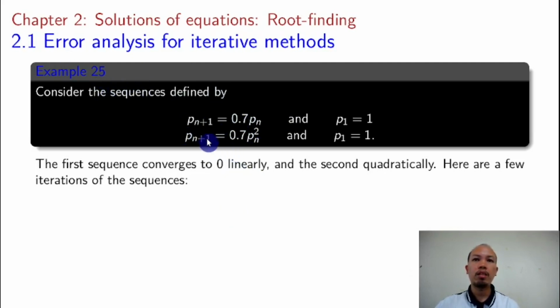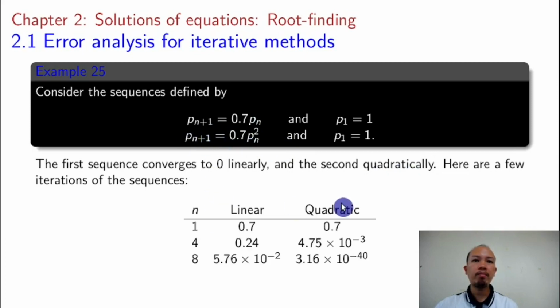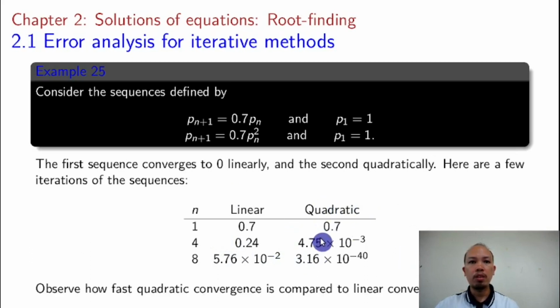Okay, so you can show that the second one, letter B, converges quadratically, for the second sequence. For some values of n, as you have noticed, the quadratic convergence is faster than linear convergence based on this table.